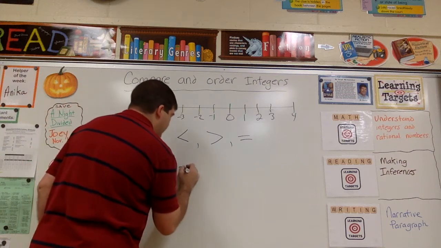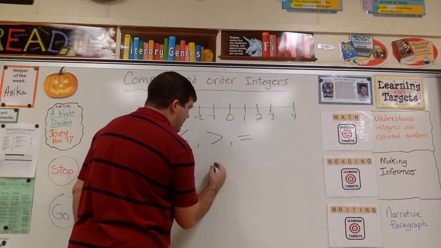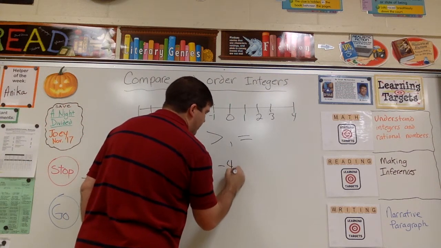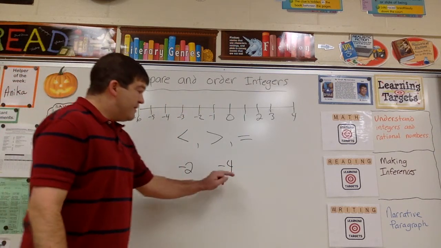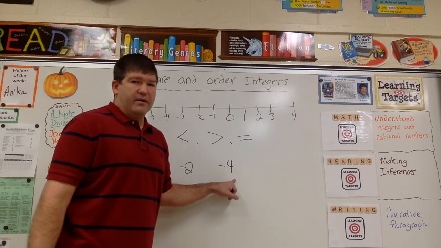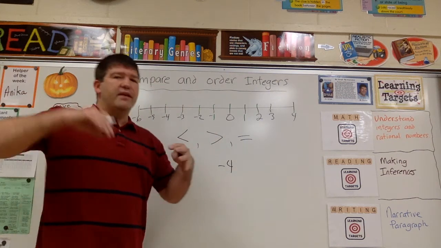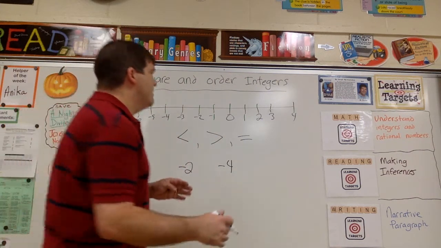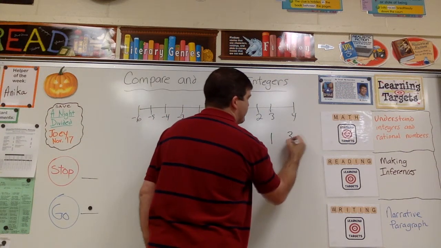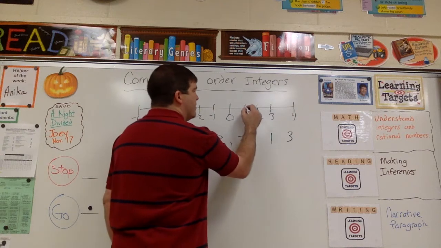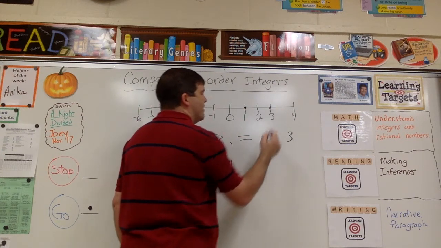So if I have a -2 and I have a -4, I want to know which one's bigger. This -4, the 4 looks bigger. Once you get into negative, everything gets turned around. So let's do the positives one more time. Let's do 1 and 3. I point 1 here, put 3 here.